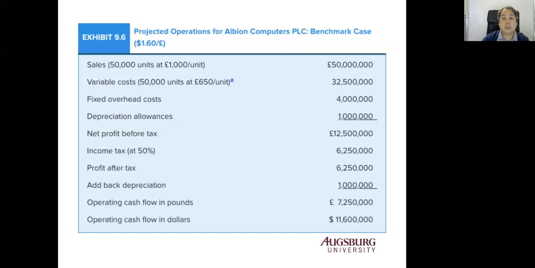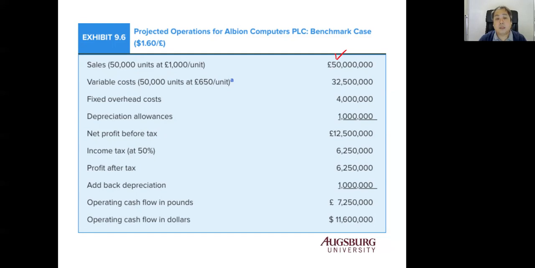Now, suppose we have just the same situation, and let's project the cash flows. Let's say we can sell 50,000 units at 1,000 pounds per unit. Then you're going to get 50 million pounds. There will be variable cost.